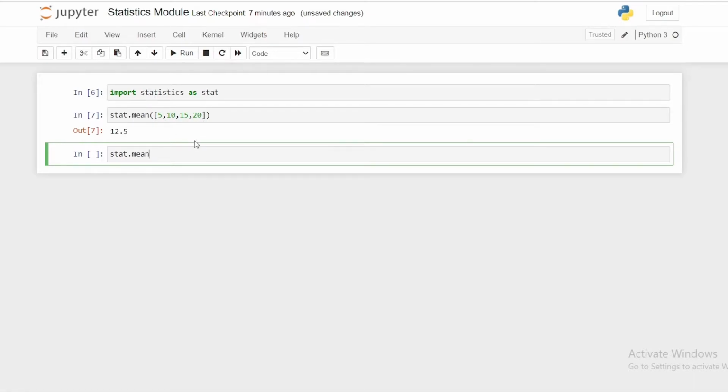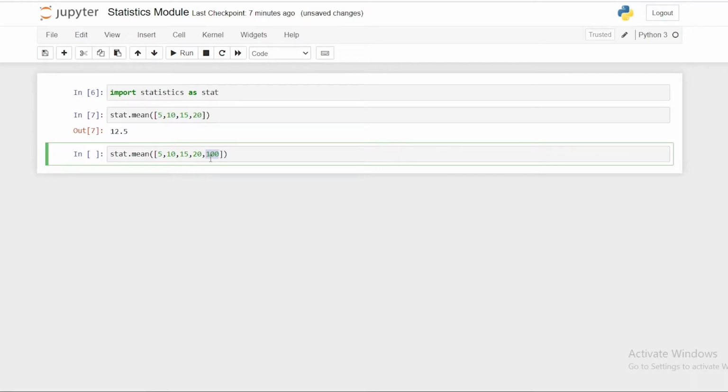So what if we have one number in the data which is totally off from the given data? For example, we have 5, 10, 15, 20, and suppose we have 100, which is totally off. It doesn't belong to the pattern. Here we can see a pattern of difference of 5: 5, 10, 15, 20.